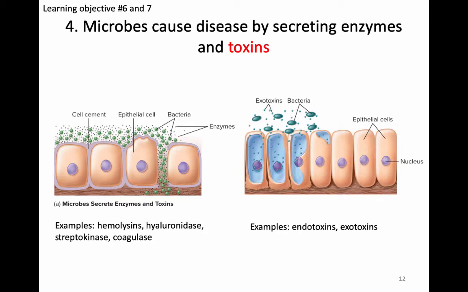We have several types of toxins and enzymes on the left and right. The one being shown are toxins that would degrade connections between host cells here so that the bacteria can move into deeper tissues. Toxins are categorized as either being endotoxins or exotoxins.